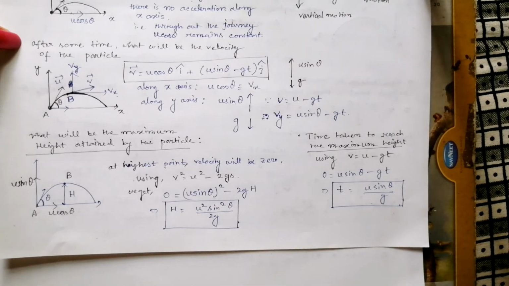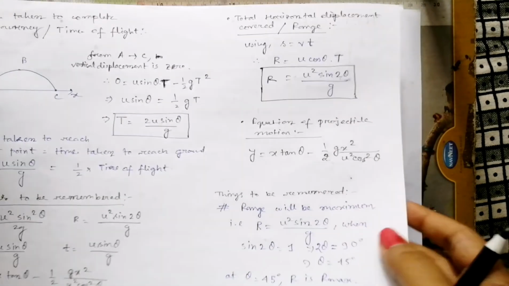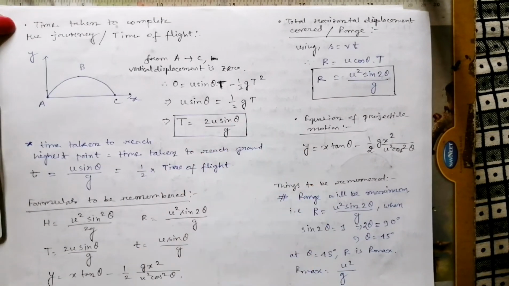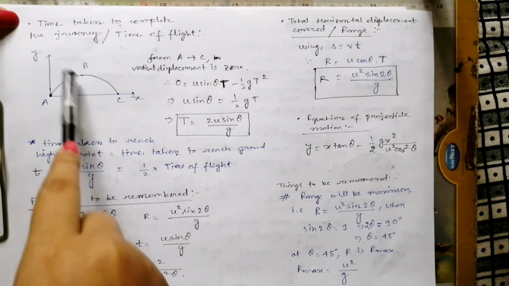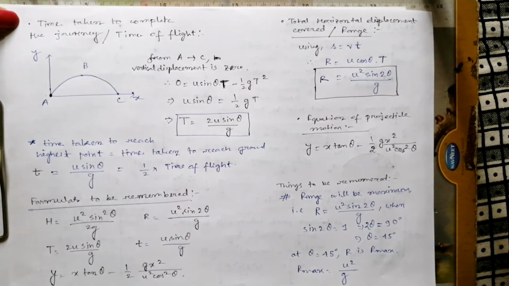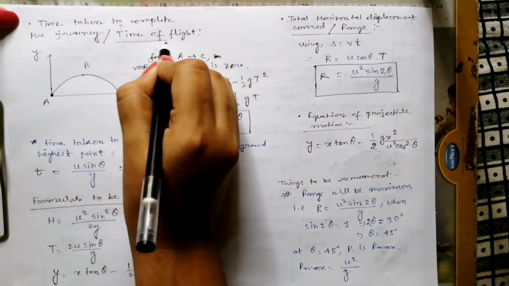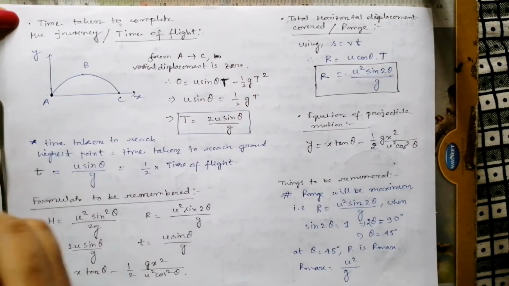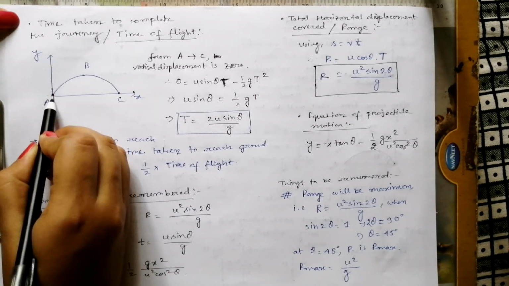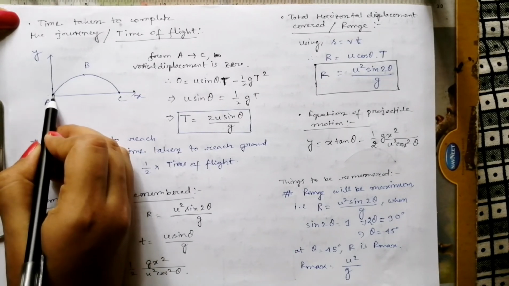Now let's move on to some new formulas. So now if someone asks me what is the time taken by the particle to complete this journey, or sometimes it is called time of flight. Let's see this diagram. Initially the particle was at this position, at position A on the ground.